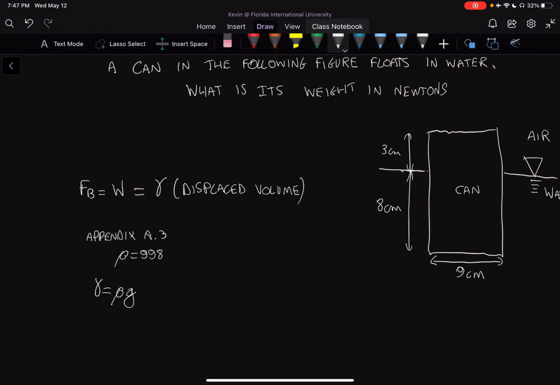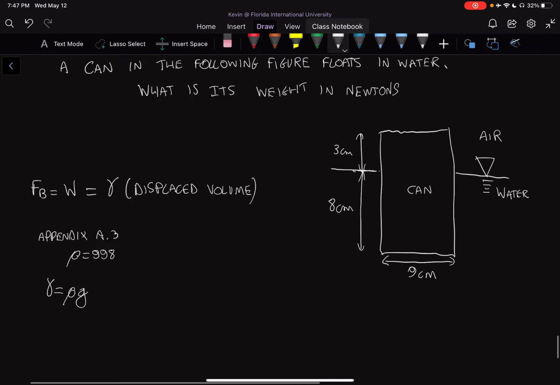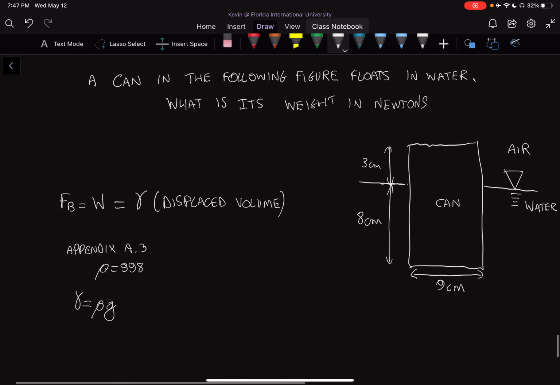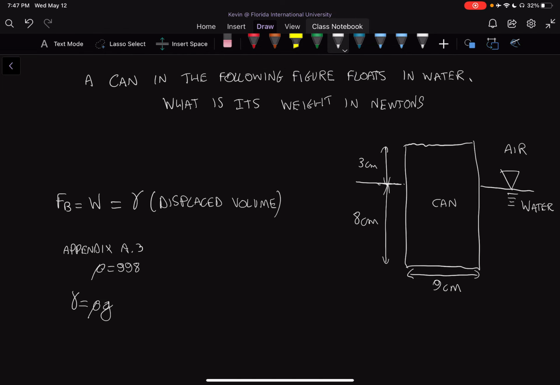Now, the force of buoyancy doesn't really matter. We don't really need to look for the force of buoyancy. We know that the force of buoyancy, because the can is floating, is equal to the weight displaced, and the can is not moving. So we're going to use this side of the equation. We're going to find the weight of the can from the amount of water it displaced. And the amount of water it displaced is just the volume times the density times the gravity.